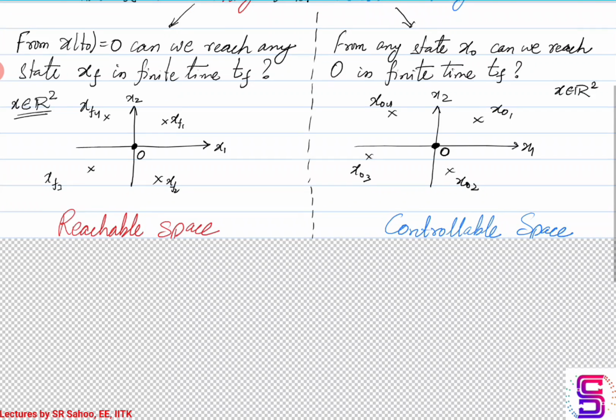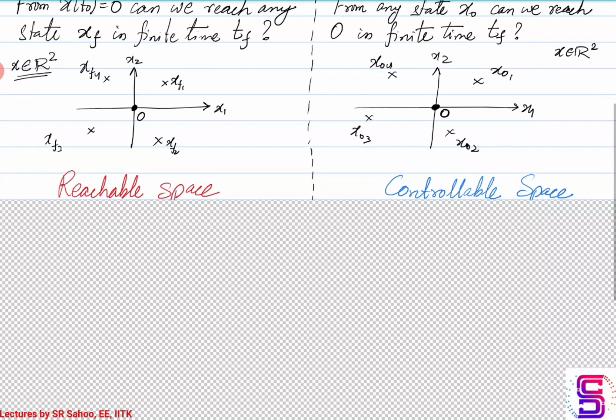On the contrary, controllability says if you start from any non-zero state, if the initial condition is any non-zero state, can you find a continuous time input from t0 till tf such that your trajectory passes through the origin at t equal to tf?